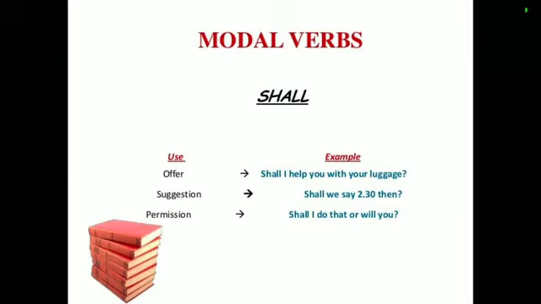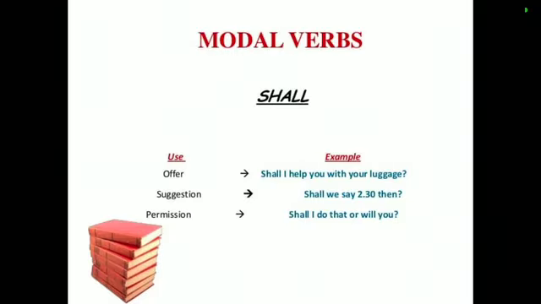So use of shall like offer, suggestion, permission. For example, in offer sentences, you can frame a sentence in such a way, shall I help you with your luggage? In suggestion, you can frame a sentence like, shall we say 2:30 then? After that for permission, you can frame a sentence like, shall I do that or will you? So students, in interrogative sentences, shall in the first and second persons and will in the third person expresses simple future tense.